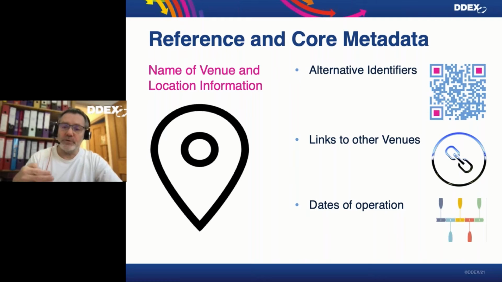We already talked about relationships between different venues to some extent. I'll come back to that in a second. That certainly needs to be stored, and we need to be able to store the dates of operation. So when was a specific venue active? But also, when was a specific venue called a specific thing? Because that may also change over time, as we have seen.